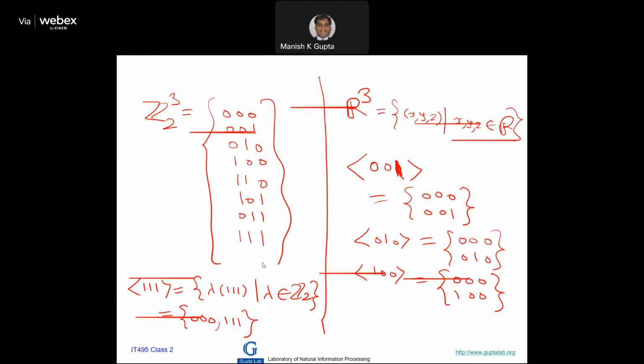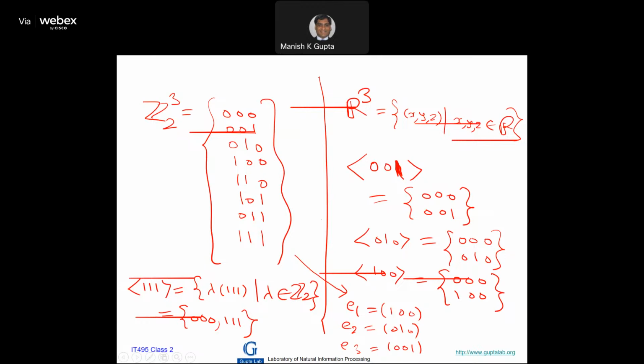The first vector E1 is 1, 0, 0, E2 is 0, 1, 0, and E3 is 0, 0, 1.